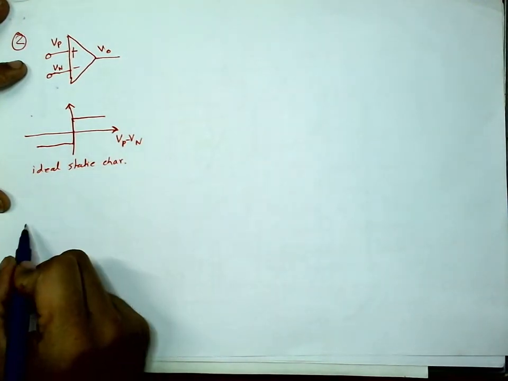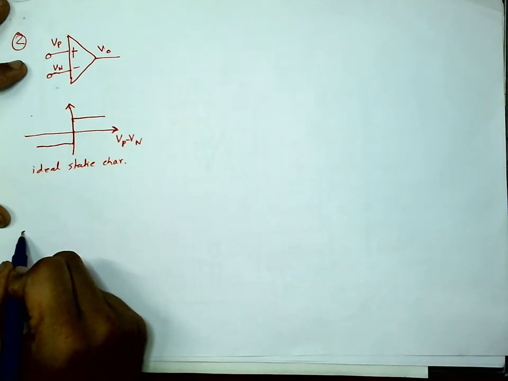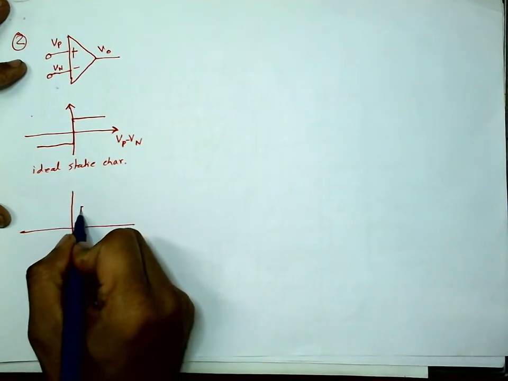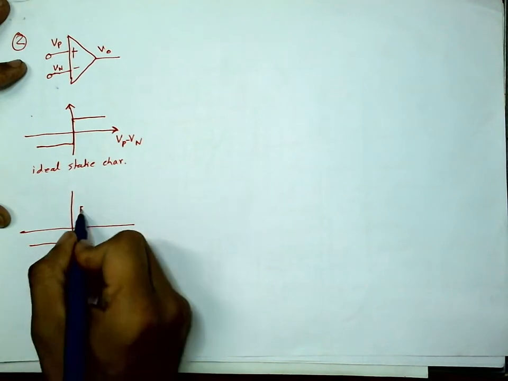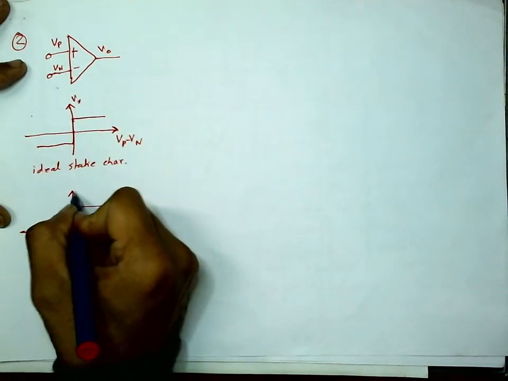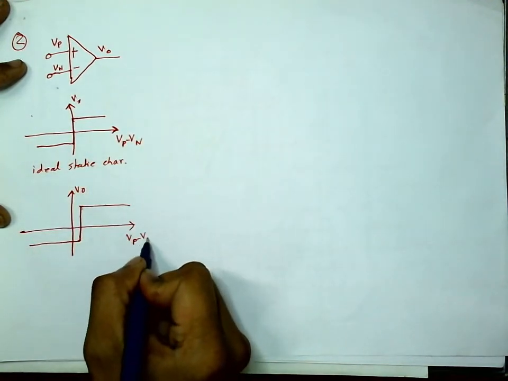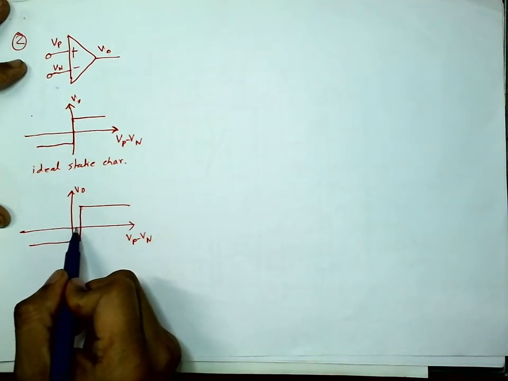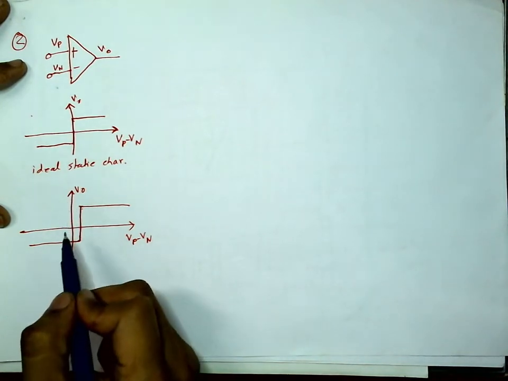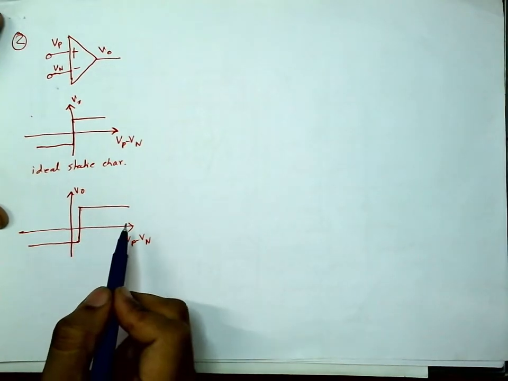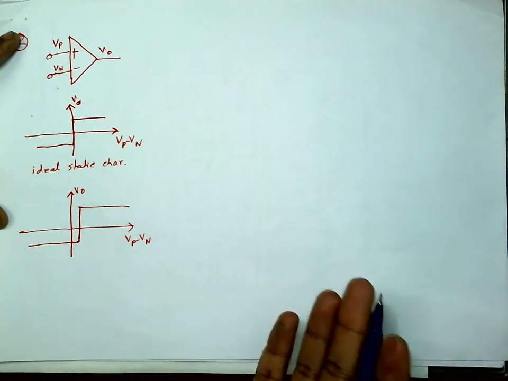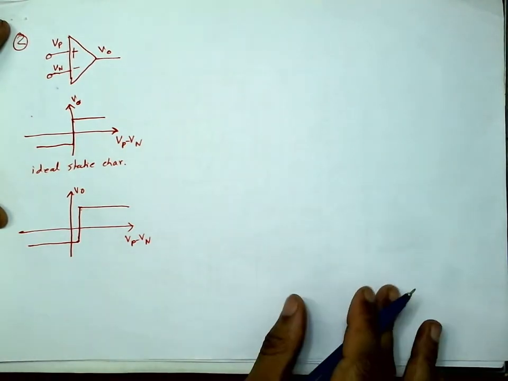But the practical static characteristic sometimes deviates from this, in this way. This is VO, and this is again Vp minus Vn. So there is a gap in this transition from the VO axis. It happens due to internal circuitry, which honestly I do not know why, but it happens.